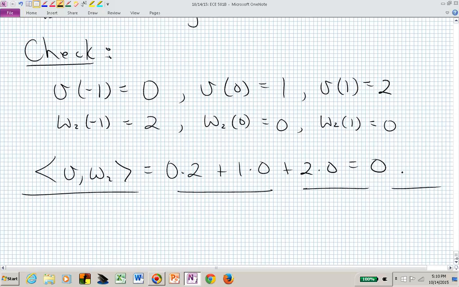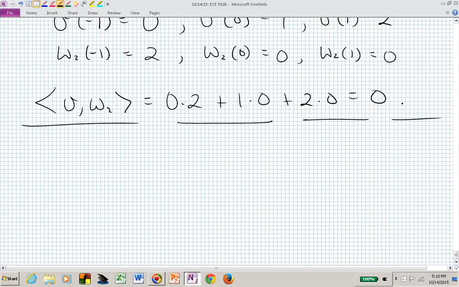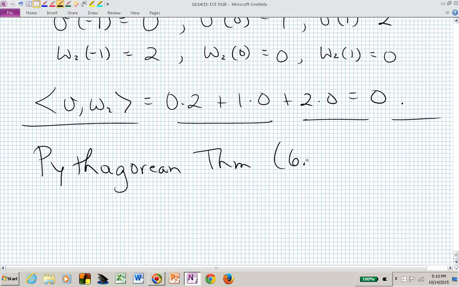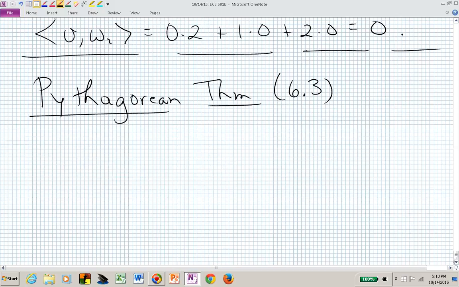Now let's go into some more geometry. Let's go back to maybe an earlier, and this actually is talked about in one of the resources on the website, the Pythagorean theorem. Let's now look at the Pythagorean theorem in terms of this new understanding that we have with respect to inner products, norms, vector spaces. Here's the Pythagorean theorem.